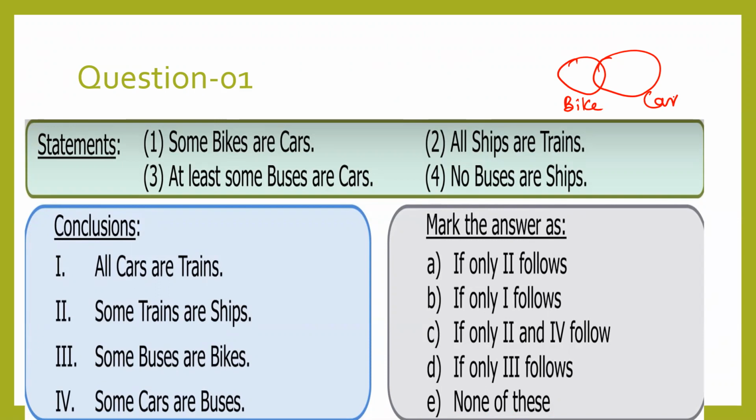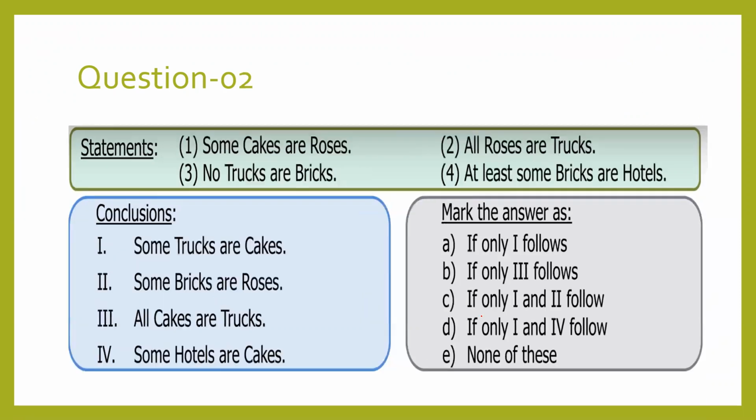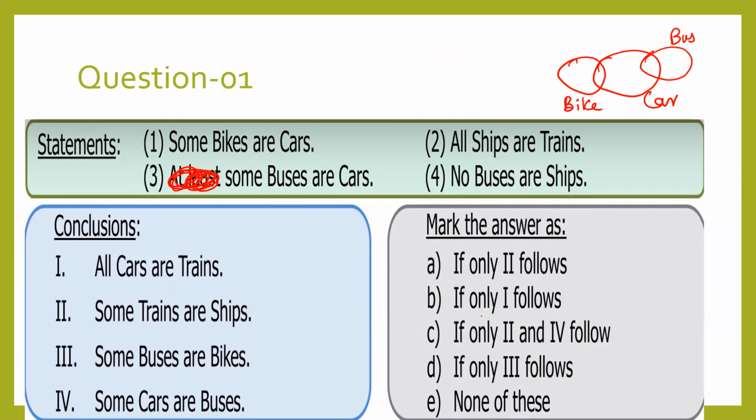At least some buses are car, or some buses are car, both mean the same thing. So some buses are car, and no bus are ship, and all ships are train.